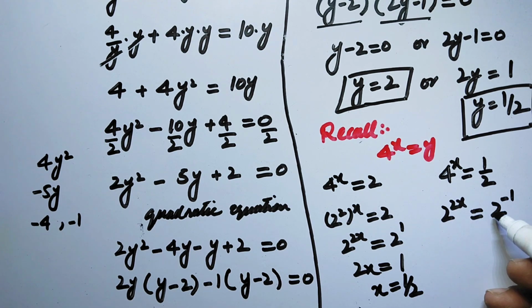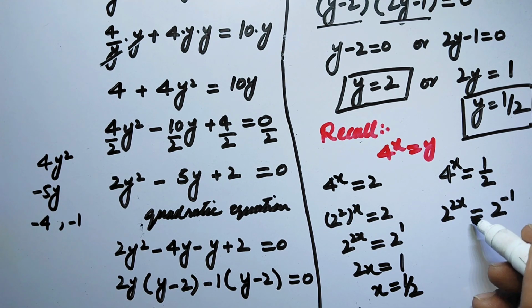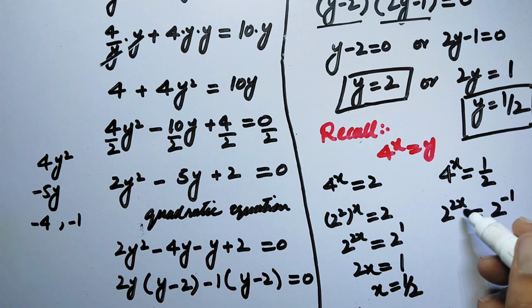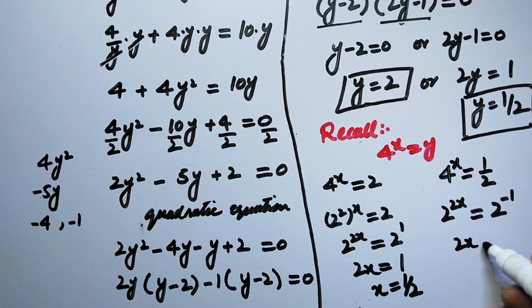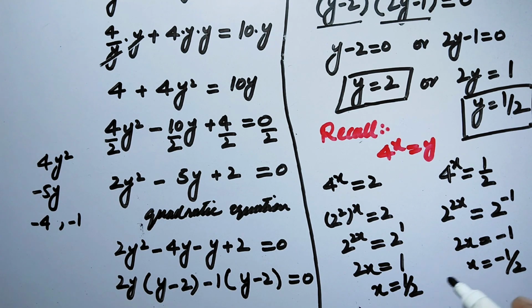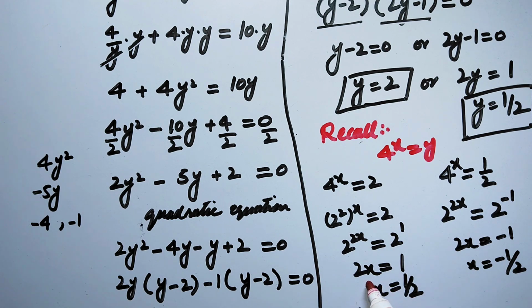And again, since the bases are same, we can equate the powers, that is 2x is equal to negative 1, or x will be equal to negative 1 over 2. So now the values of x are positive half and negative half.